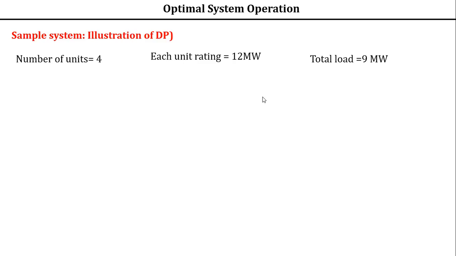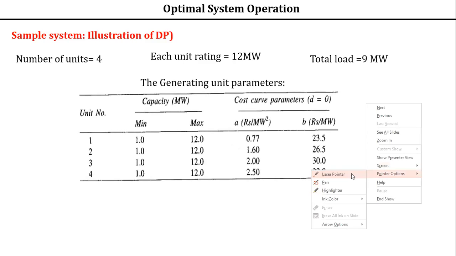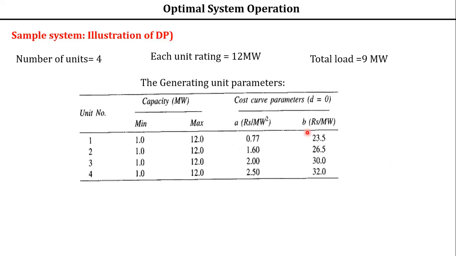Before that, some assumptions. This is the cost of units 1, 2, 3, 4. There are 4 units. Some of them have not attended yesterday's class, so for them I am briefing it. If I start in between, they may not be in a position to understand. So there are 4 units, 1, 2, 3, 4, and minimum generation should be 1 megawatt and maximum is obviously 12 megawatt.